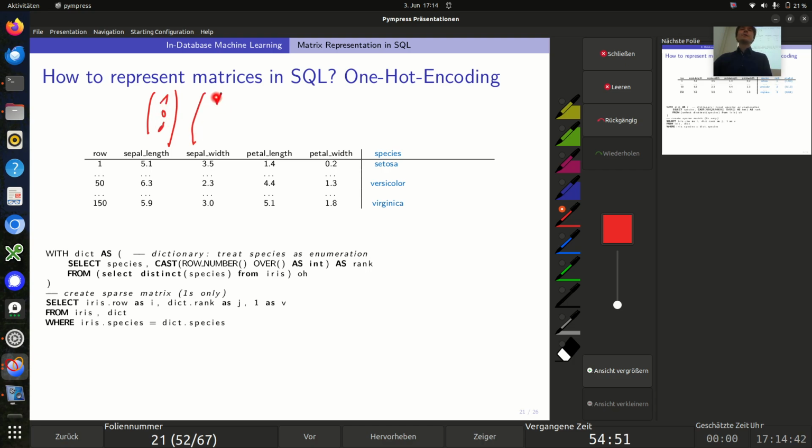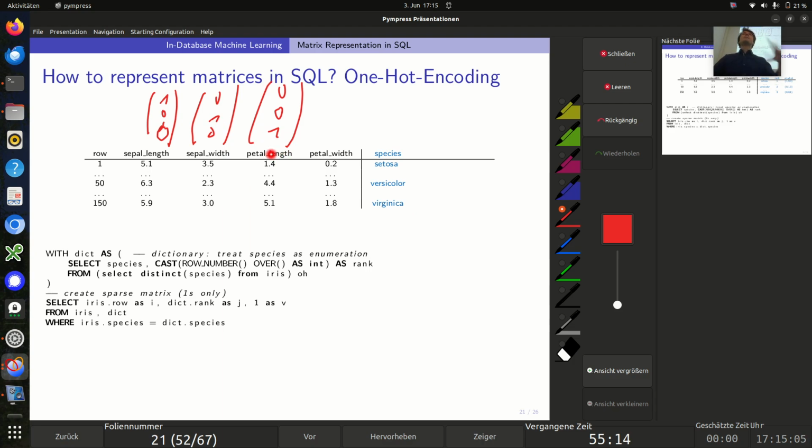So one hot encoding means instead of having a name for the classes, I have only a vector which is 1. For example, setosa should be a vector with the first entry being 1, versicolor with the second element being 1, and virginica with 1 at the last one.